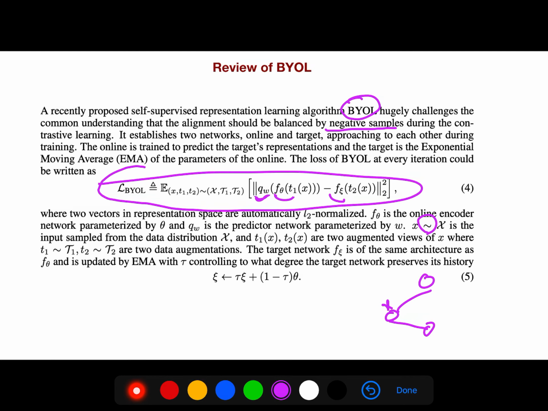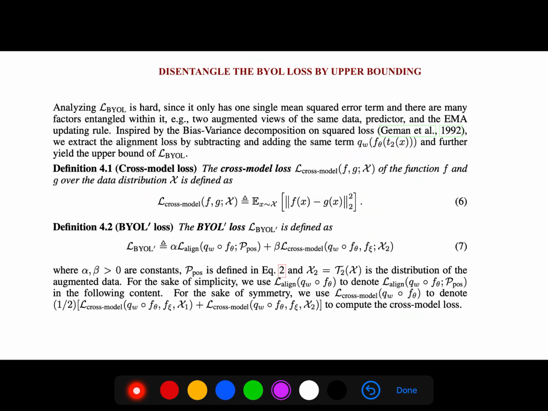The target network is of the same architecture as f theta and is updated by this exponential moving average, and tau controls to what degree the target network preserves its history. And the cross-model loss is the expectation of a function f and g over the distribution of x.